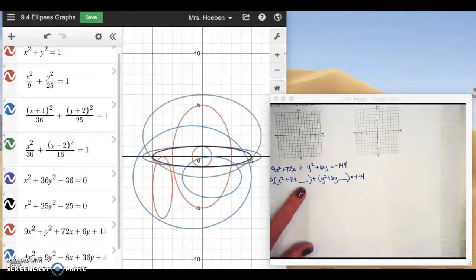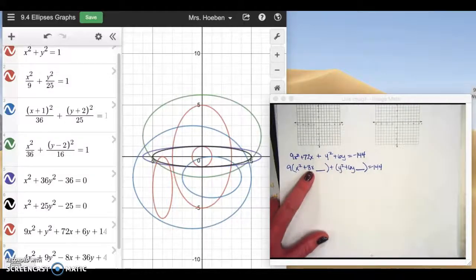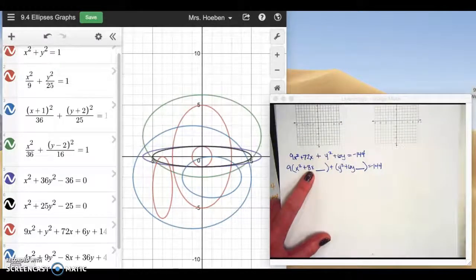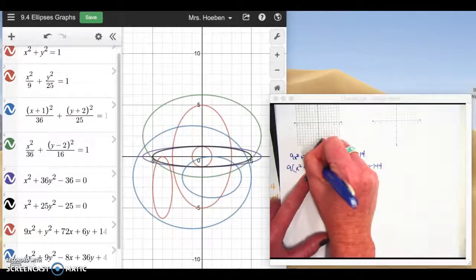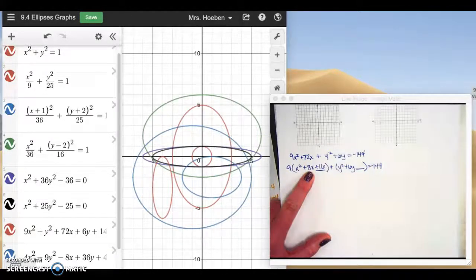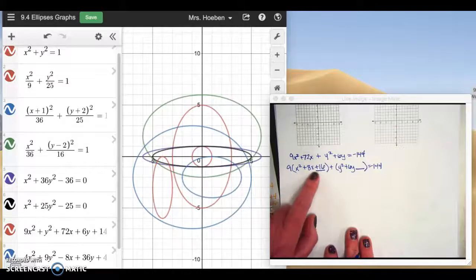Now, to complete the square for the x's, I take half of 8, which is 4. 4 squared is 16, right? But I didn't actually just add 16 to this side. I added 9 times 16. Crazy, right?